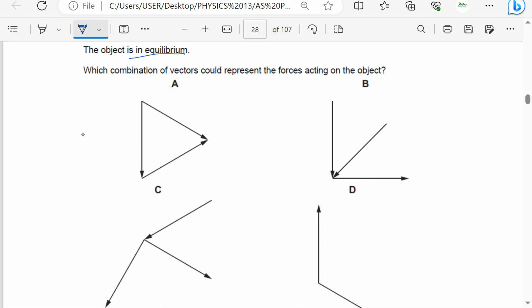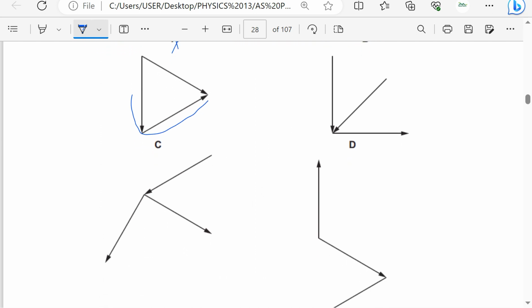If we check this one, here we don't have a closed triangle. So this means we leave this out. If we check C, if I bring this one here, I cannot form a closed triangle. So C is also out.